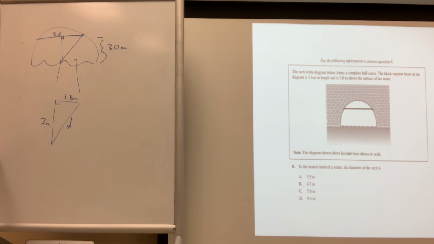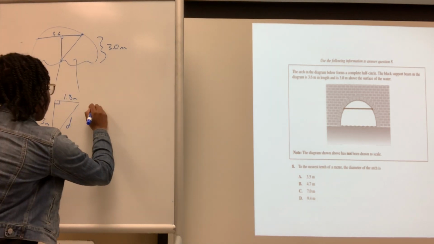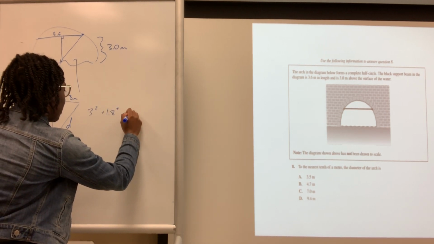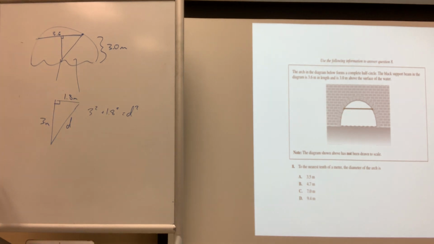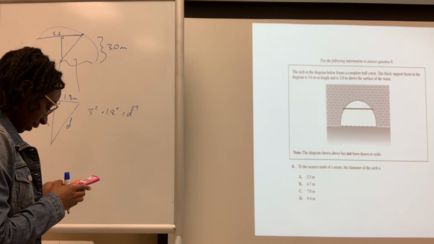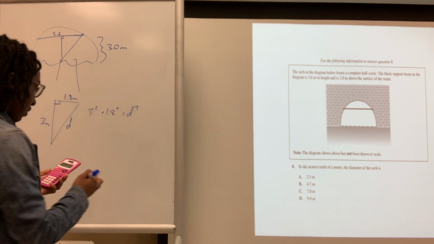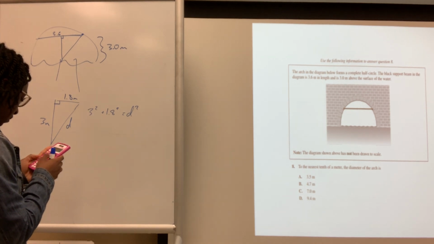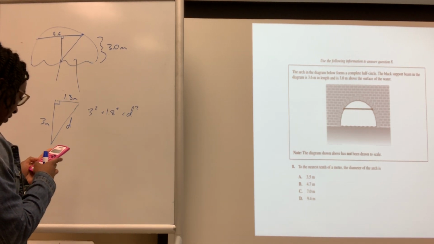So from here, you can use your calculator and use Pythagoras theorem. So 3 squared plus 1.8 squared equals d squared. I'll just grab my calculator. 3 squared plus 1.8 squared.